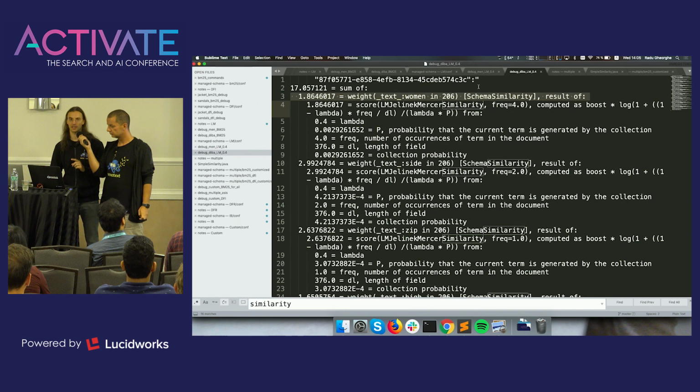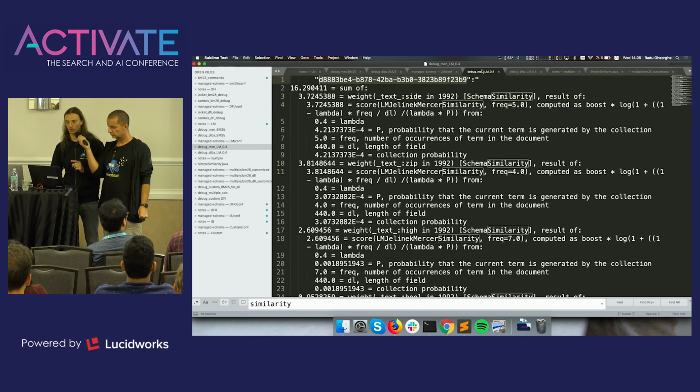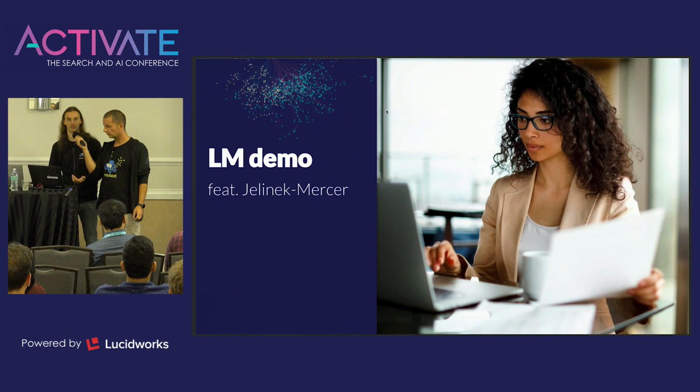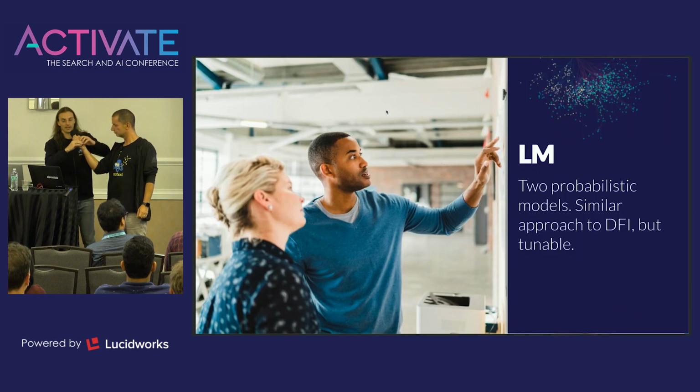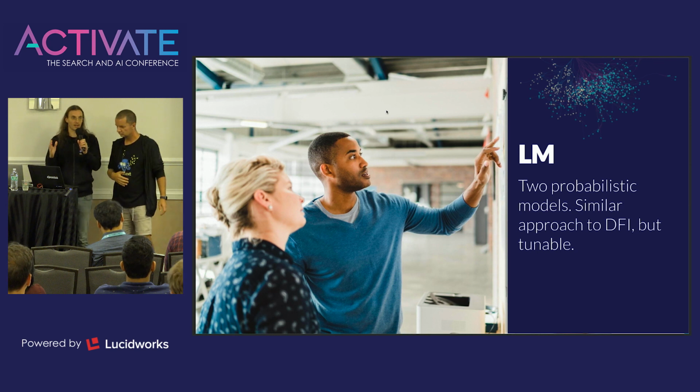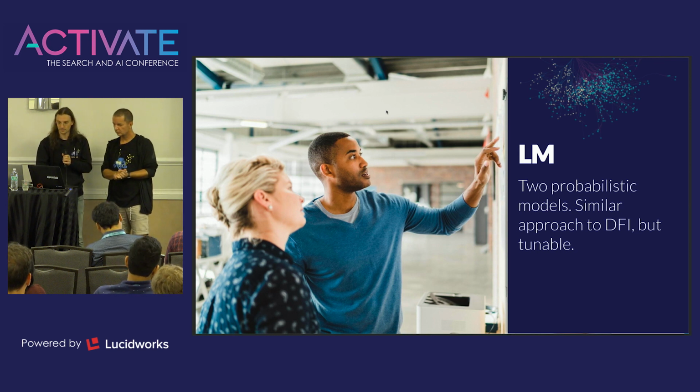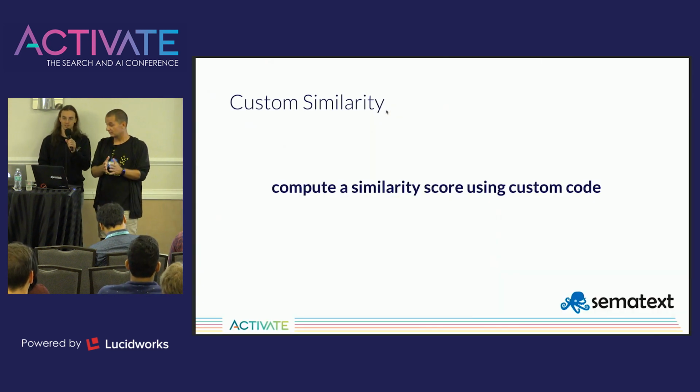It's not a huge difference like with DFI. The total score of this is 17, and of this is 16. So it's not as aggressive as DFI was, but it's still enough to fix this particular problem. So in short, LM is like DFI, but you can configure it. That was an overgeneralization.